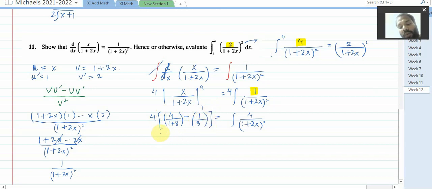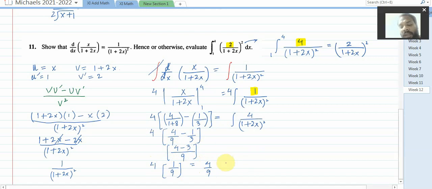Further I can solve it easily, so it's 4 divided by 9 minus 1 upon 3, and outside the bracket we have 4. We can take the LCM, and that is equal to 9. It's 4 minus 3, 3s are 9, so that will be 1 over 9 times 4, which leads to 4 over 9.